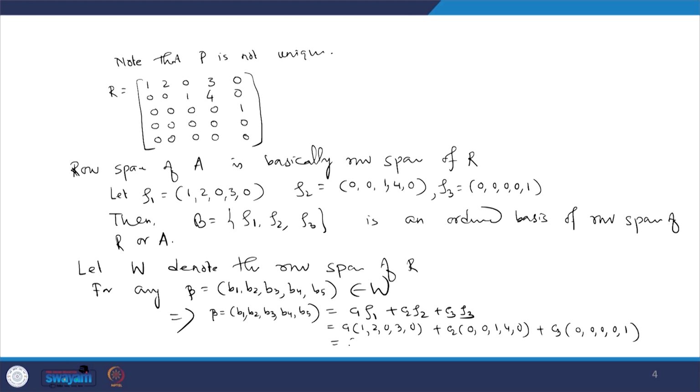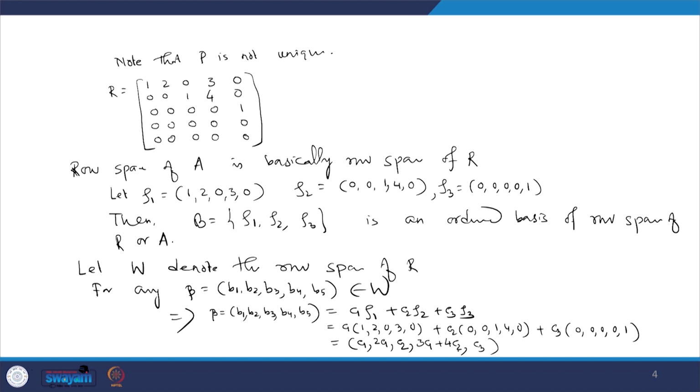So, the general element beta will be of the form C1, comma, 2 times C1, comma, C2, then 3 C1 plus 4 C2, and then C3.